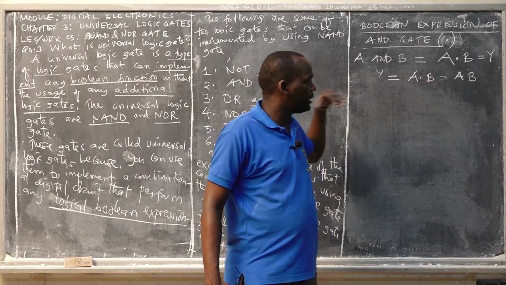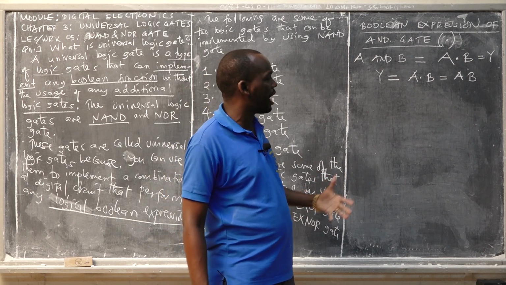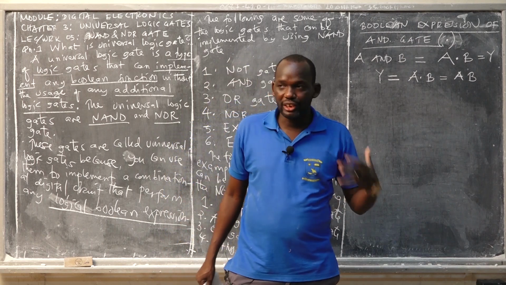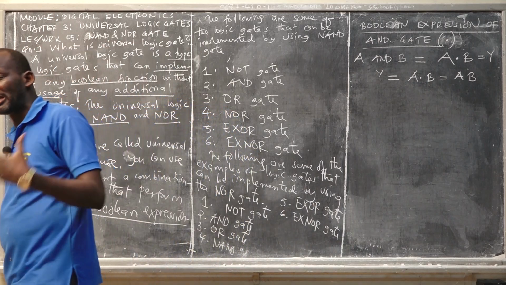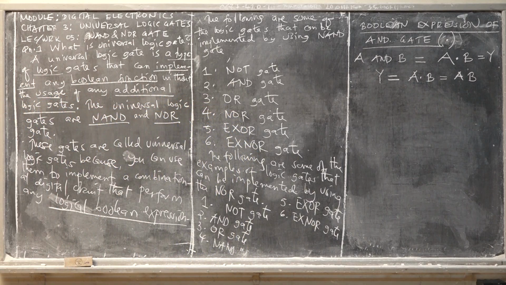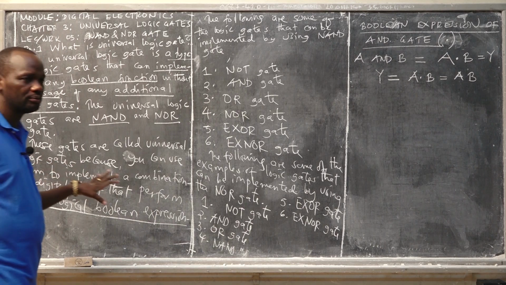Remember that we design digital or combinational logic circuits sometimes by using the truth table, and also we have to use the Boolean expression. So as serious students in digital electronics, you have to know the truth table of the particular system, and also you have to know how to reduce the Boolean expressions from the truth table, and how you can draw the logical schematic circuit diagram from the truth table.